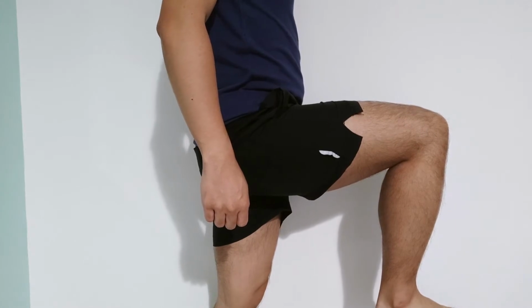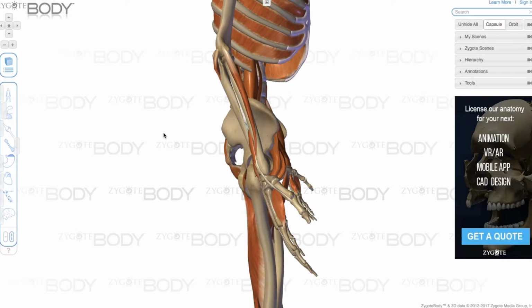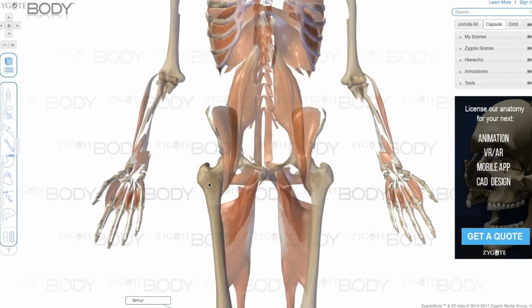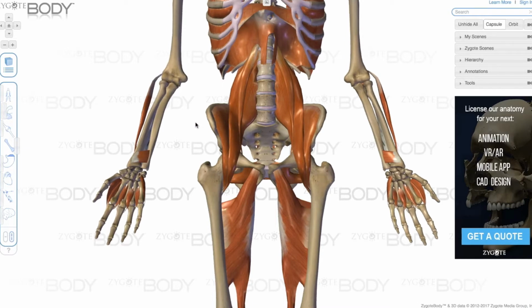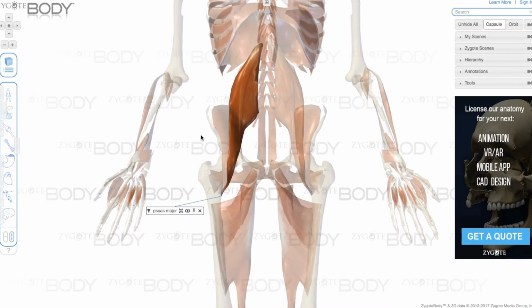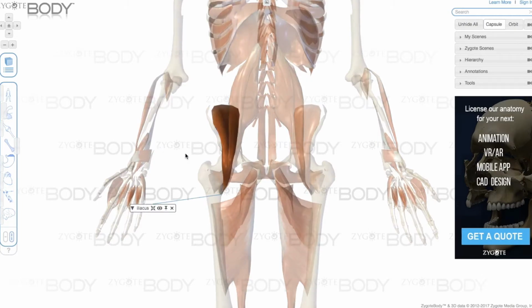Let me just remove a few more things over here. When we talk about muscles contracting that pull your femur bone up, it's basically this group of muscles. And a lot of times you will hear this term called the iliopsoas muscle. It's basically a combination of the psoas muscle and the iliacus muscle.